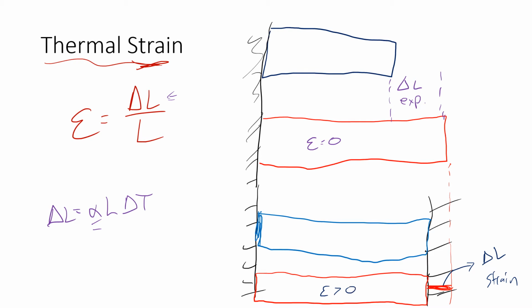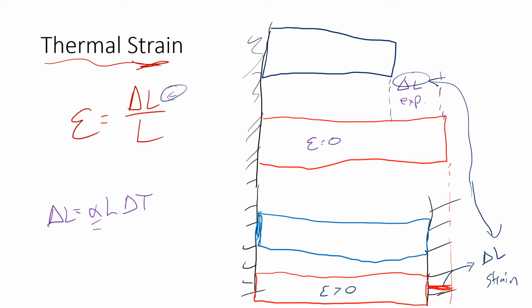So we'll say strain is greater than 0 because it wants to be bigger, like the first pairing was, but it can't. So there's a change in length that's compressing it. So there's a compression strain involved in this. And if you know how much that delta L is, it's going to be equal to this delta L. So these two are the same for this situation because we're saying they're the same temperature.